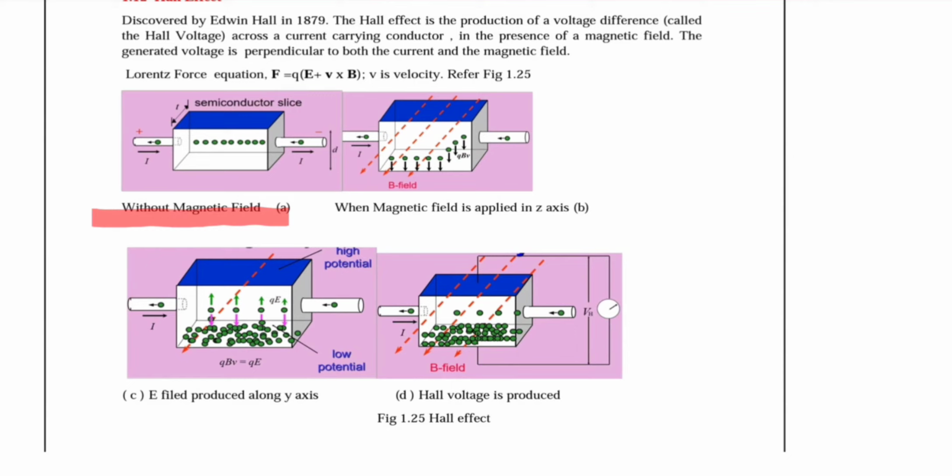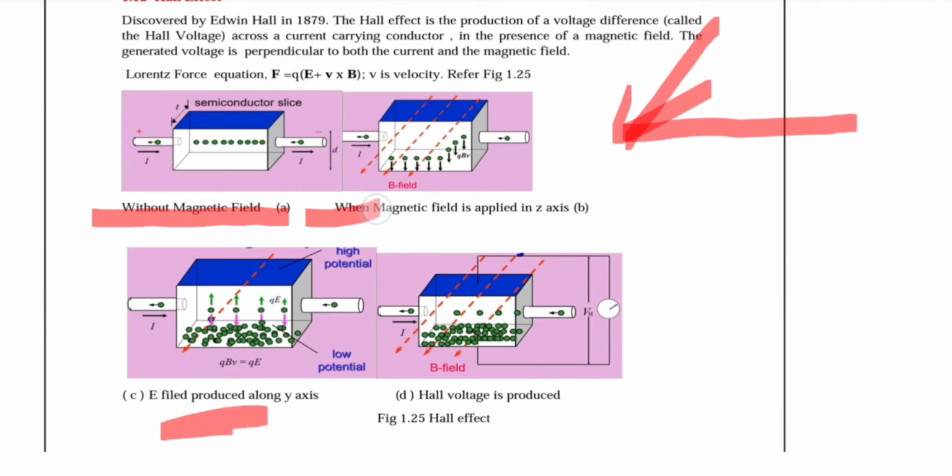When it is placed in a magnetic field in the Z direction, this is our X direction, these electrons will get deflected to one side of the semiconductor plate, thereby forming a negative charge in the down region and a positive charge in the up region.